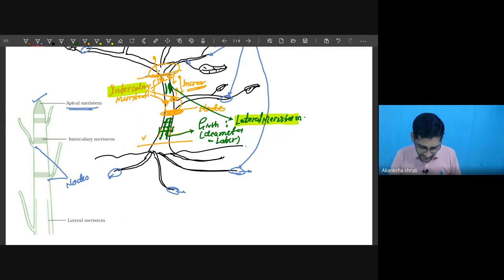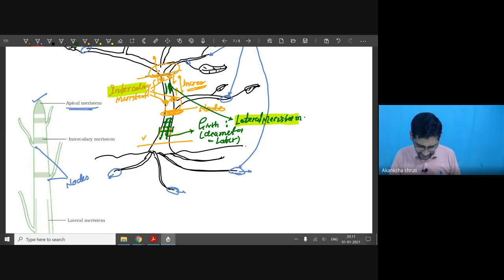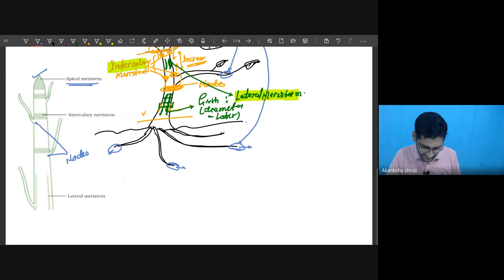Just below and above the nodes, in this figure only the above is shown, but it is also possible to be below. So there is intercalary meristem. But in between these nodes and at all the areas, there is lateral meristem. Lateral meristem is extended everywhere.